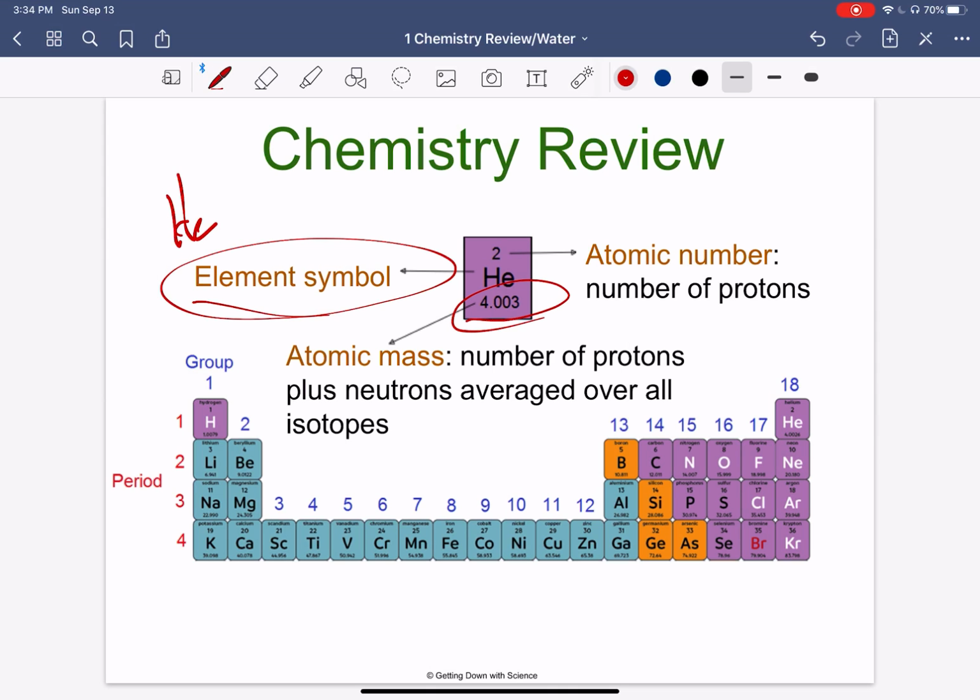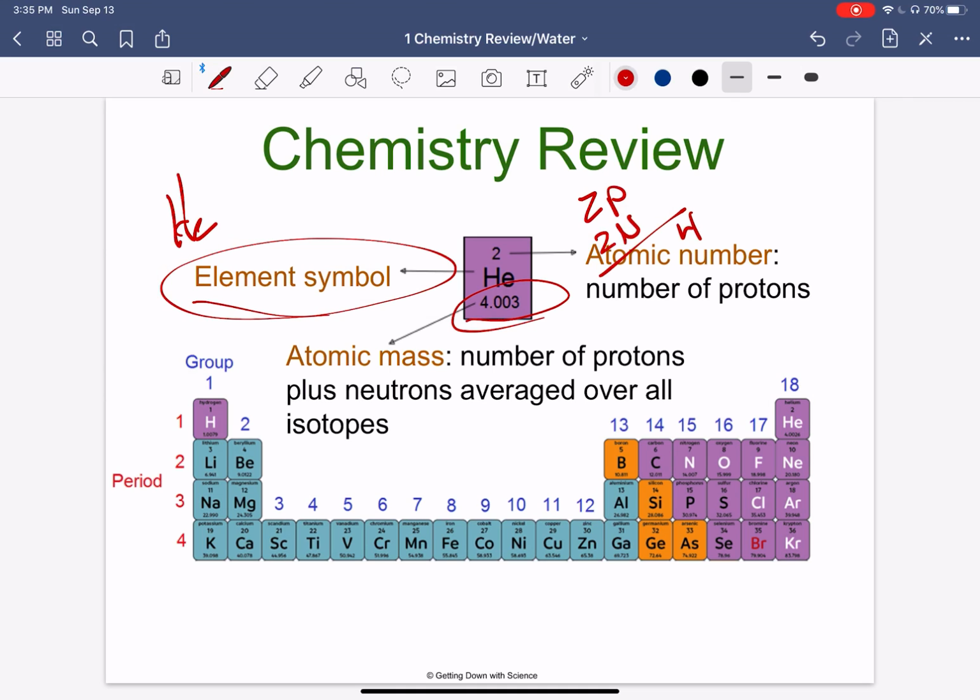Normally it would just be a whole number, but if you look at every atom on the periodic table, there's always a little bit extra. And where that comes in is that every once in a while, for example, helium has 2 protons and typically 2 neutrons, so it should have an atomic mass of 4.